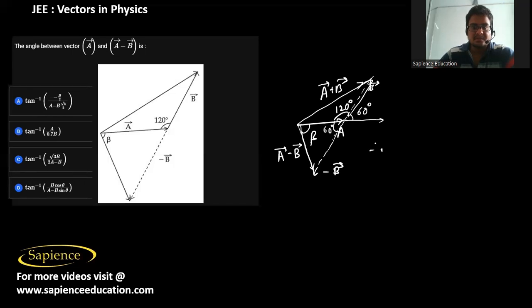This is A, this is B, this is actually minus B. If you draw, this is minus B, this is A minus B.